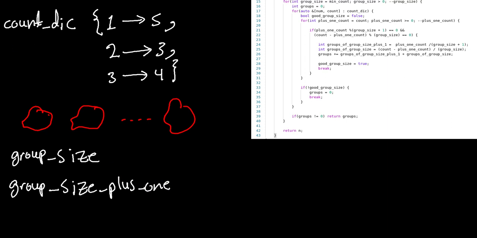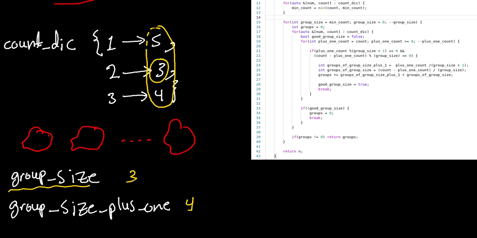Now what is the maximum possible group size? The maximum possible one is the minimum of all of these counts, which is 3. So the maximum possible group size is 3. Then group size plus 1 will be 4.